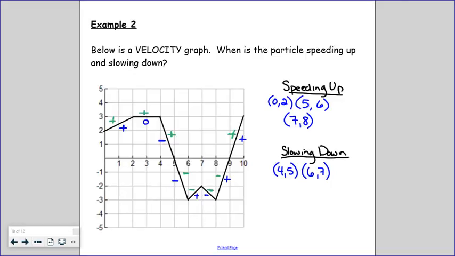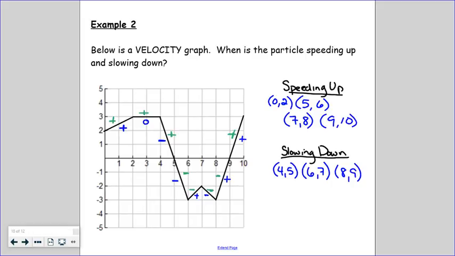Opposite signs, slowing down from 8 to 9. And finally, both positive from 9 to 10, speeding up. Any questions on the speeding up, slowing down question? No?